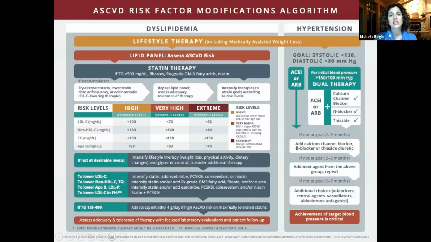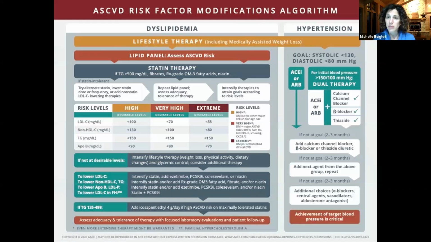You can see in this slide, which is pretty complex, that depending on what your risk factors are, you could consider intensifying the statin intensity if your risk level goes up. So you can see over here, additional risk factors would be if you had a family history, like we talked about, smoking, chronic kidney disease, and then certainly an extreme risk individual would be somebody who's already been diagnosed with some type of cardiovascular disease.